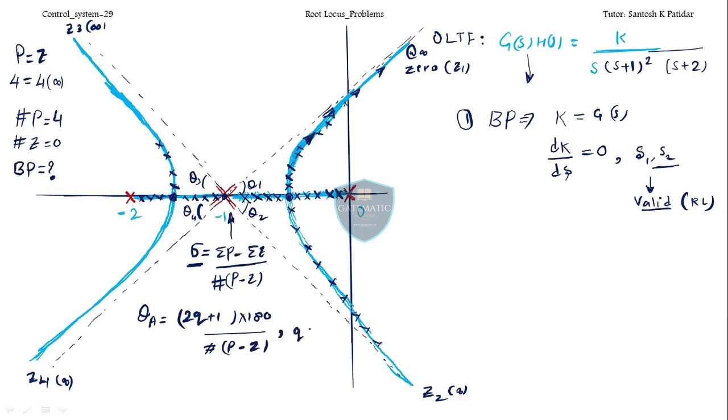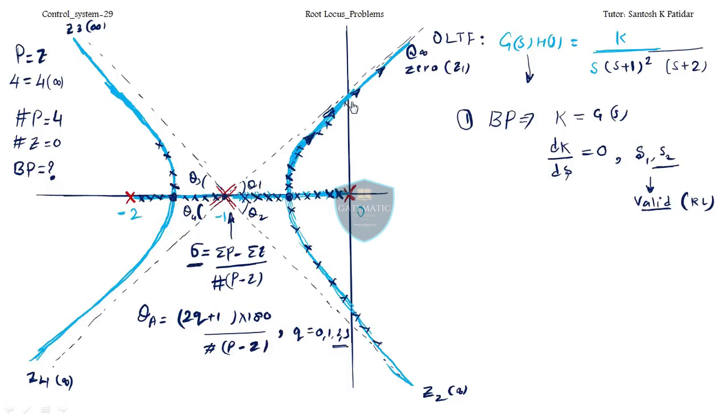Where what is the q, you know very well, 0, 1, 2, and for this it will go to 3, because 4 poles you have. 4 minus 0 minus 1, that is 3. Okay, so angles are there, centroid is okay, breakpoints we calculated. Here centroid is over, angles are over.